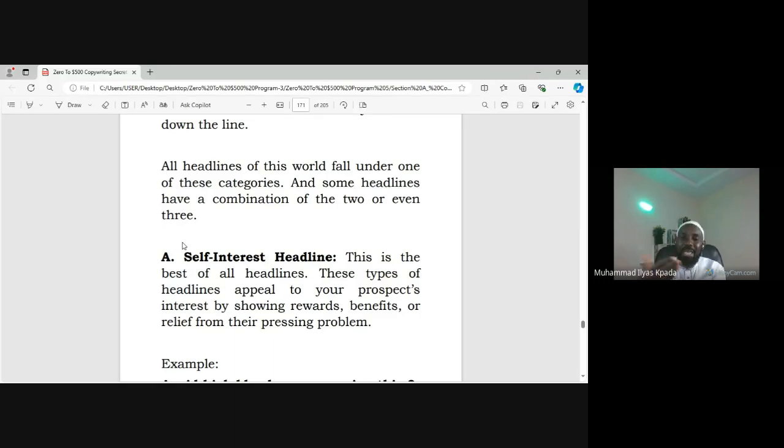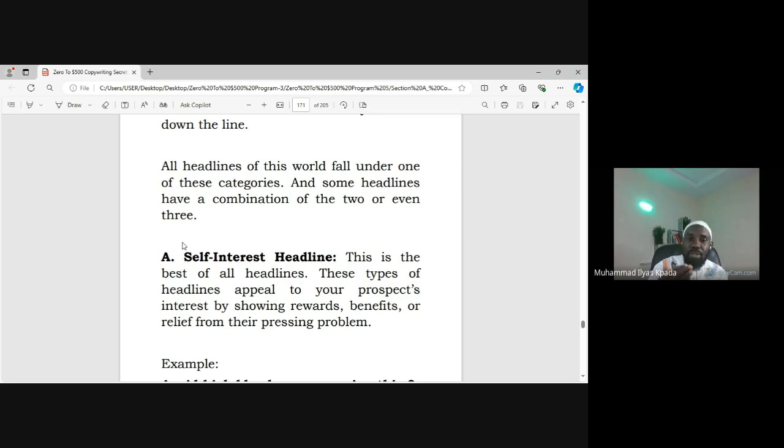Then the curiosity headline is designed in such a way that it piques your curiosity. Now he went ahead and justified the fact that self-interest is the best, followed by news headline, followed by curiosity. He justified it that if something interests you and is very important to you, you must check out that thing. And it's true.